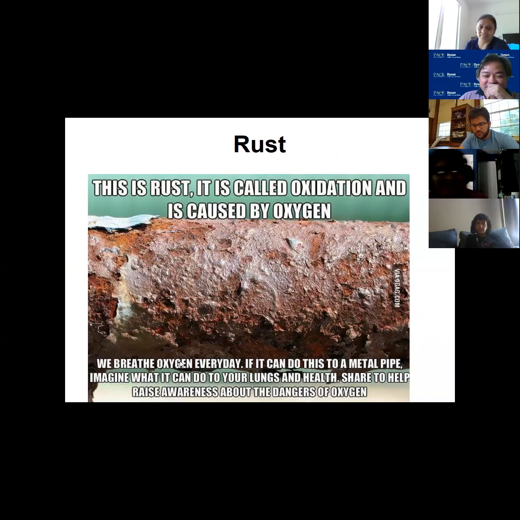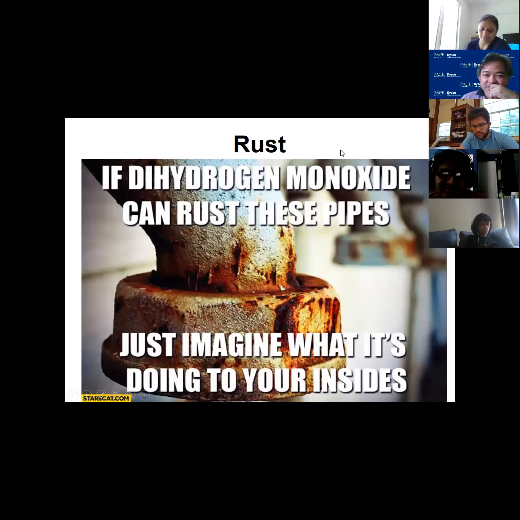We breathe oxygen every day. It can do this to a metal pipe. Imagine what it can do to your lungs and health. Sure to help raise awareness about the dangers of oxygen. You have a lot of stuff like that, right? That's why I told you, with sources from Facebook you have to look at them carefully. So if dihydrogen monoxide can rust these pipes, just imagine what's going to your insides.